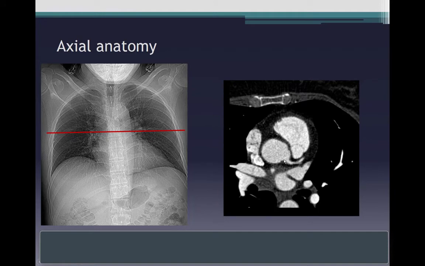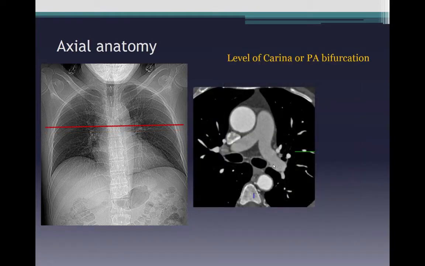This image shows the left main coronary artery arising from the aortic root. Now slightly higher up, we can see the proximal part of the ascending aorta. Now, this is the main pulmonary artery dividing into the right and the left main branches. Posterior to the ascending aorta, we see the superior vena cava or the SVC.